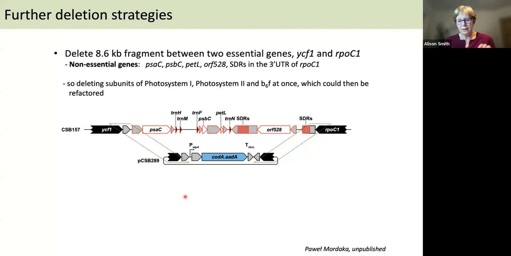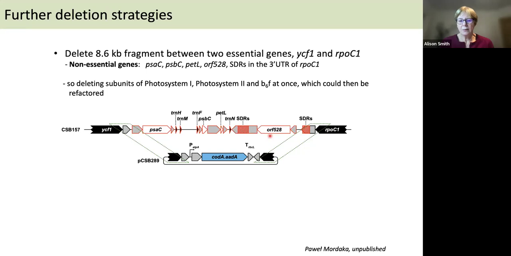And they're interspersed with these other sequences, which are not essential. So PSAC, a subunit of photosystem 1, PSBC, a subunit of photosystem 2, and PET-L, which is a subunit of the cytochrome complex. And there's also this metabolic enzyme, OR528.